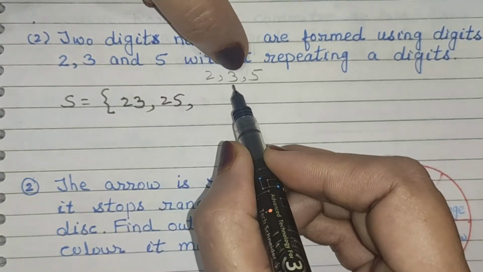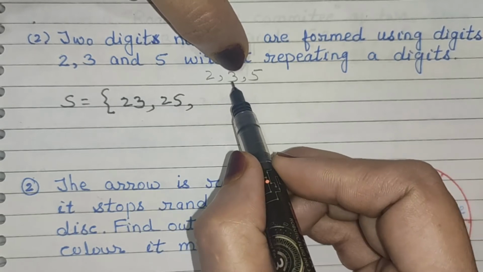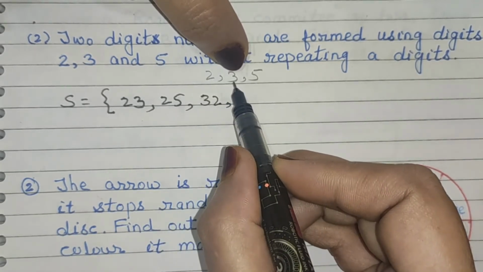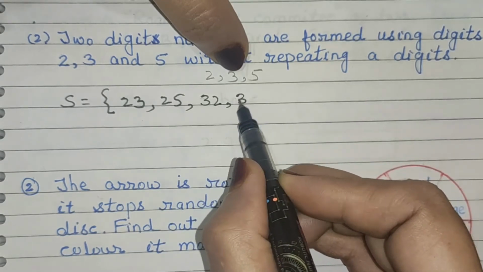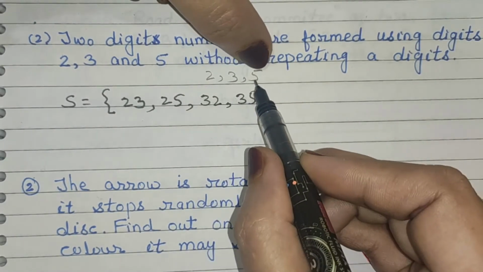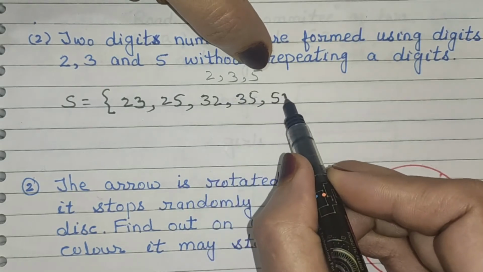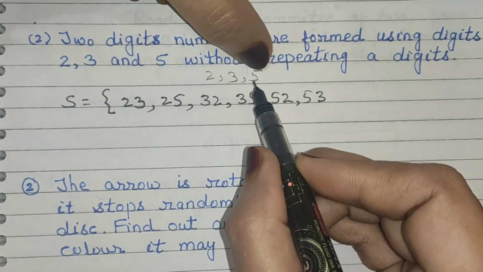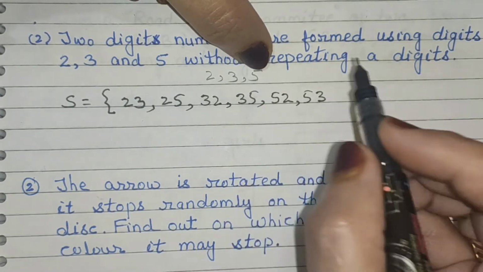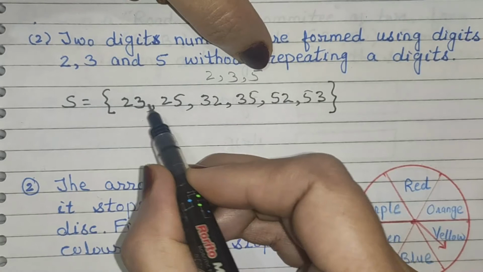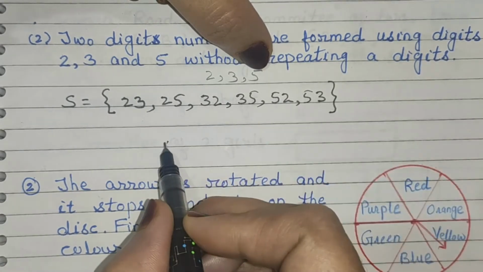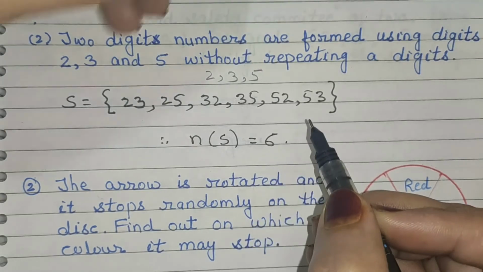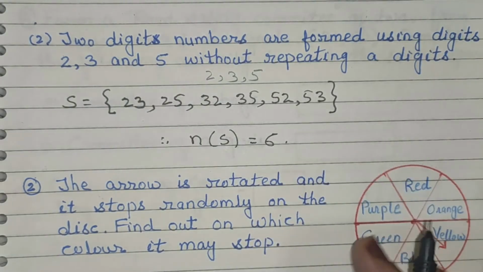Now the next one is from 3, 32. Now the next number is 33, digits are repeated here, therefore next number is 35. Now next from 5, 53. Now next one is 55, here repeating digits, therefore 1, 2, 3, 4, 5, 6. We get here n of S is equal to 6.